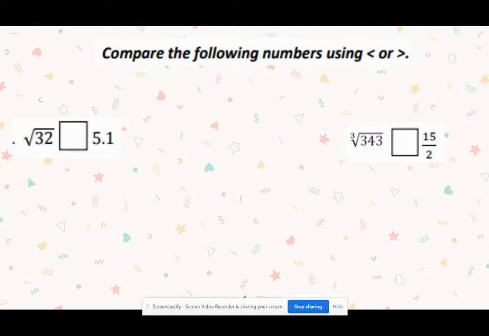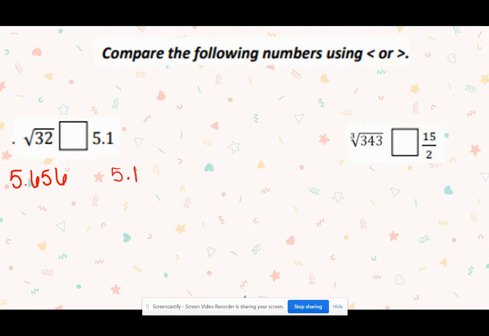So the first type of problem you can have is they might say compare the following numbers using either the less than sign or the greater than sign. First up, we have the square root of 32. To put that into my calculator, I do second x squared, type in 32 and close my parentheses, and I get 5.656. So I'm just going to write that, 5.656 versus 5.1.